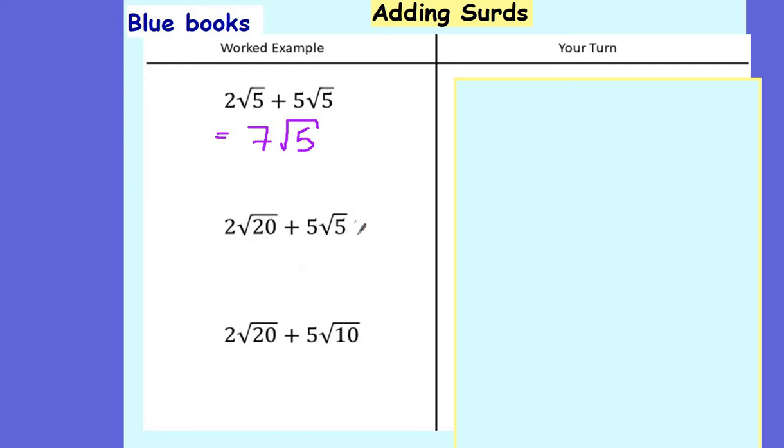For my second example, my surds are different. The square root of 20 and the square root of 5 are different numbers, so I can't directly add them. However, I can simplify this first surd to give me something that's a square root of 5. I can write this first one as 2 times the square root of 4 times the square root of 5, because 4 times 5 is 20.